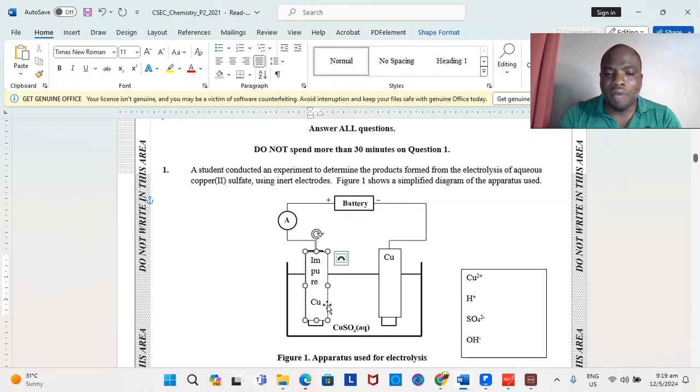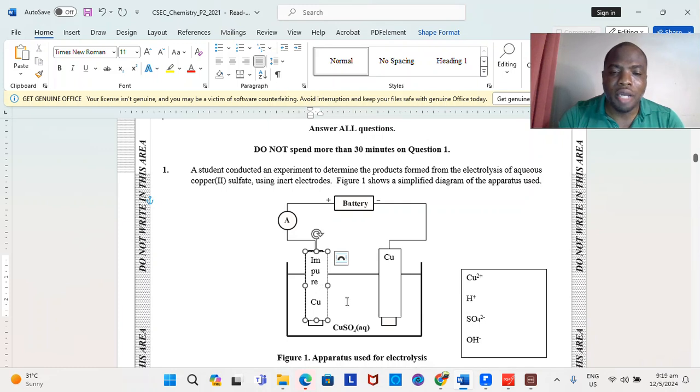Now, when you have an active electrode, no ions are going to be discharged at the anode. Instead, the ions are going to fall into the electrolyte, causing the anode to decrease in size. So the copper and the impurities will fall into the electrolyte as it breaks down.